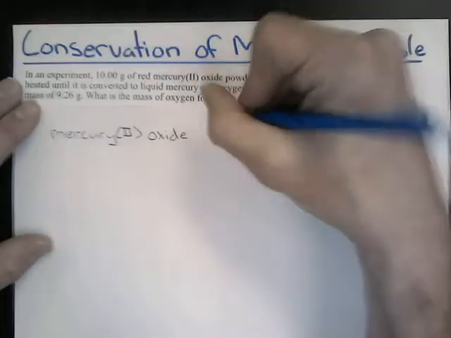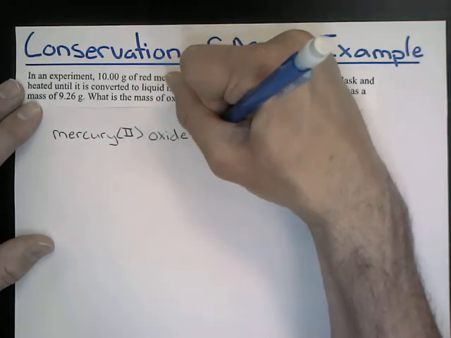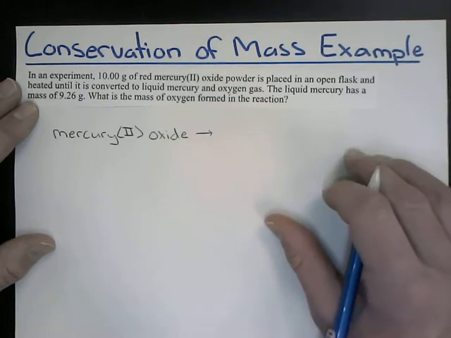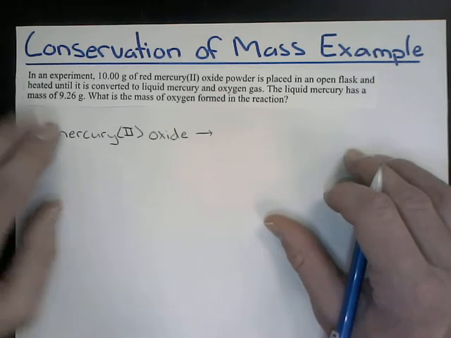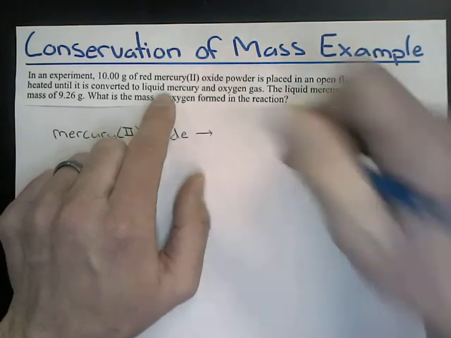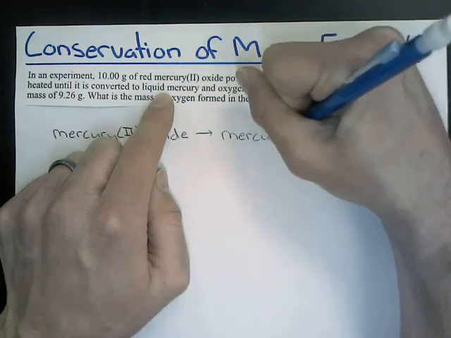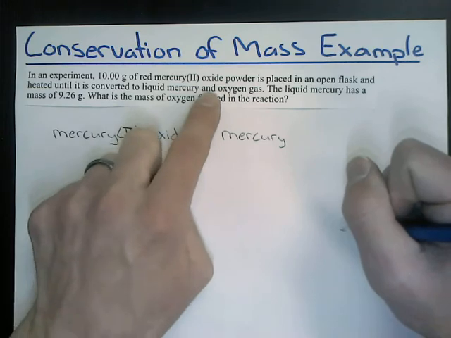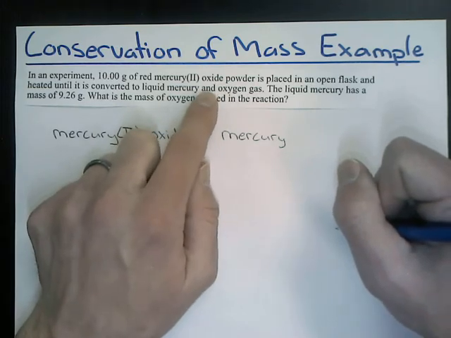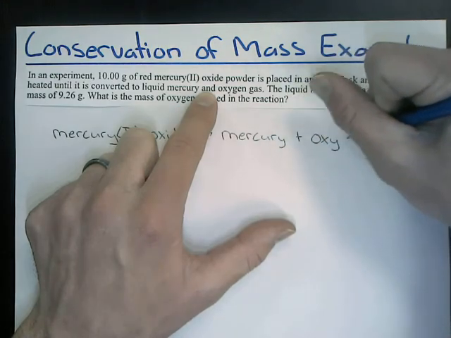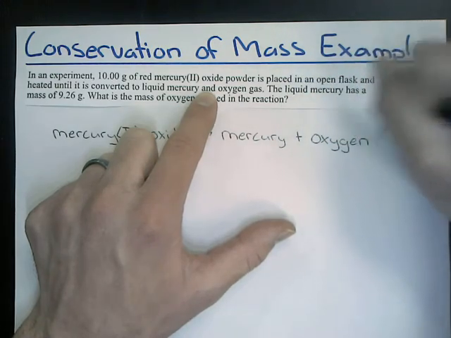It reacts, so I'm going to draw an arrow to show that reaction. It's converted to liquid mercury, which I'll just write down as mercury, and oxygen gas. Now, this term "and" means a plus sign, so I'm going to put plus oxygen.